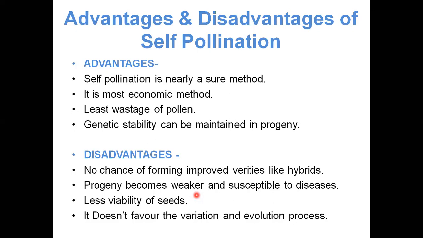They are not resistant to diseases. There is also less viability of the seeds and less adaptability to climatic variation. They do not survive for a long time in a changing climate. It doesn't favor variation and the evolution process. As we know the progeny will be homogeneous, so they do not show variations and evolution.